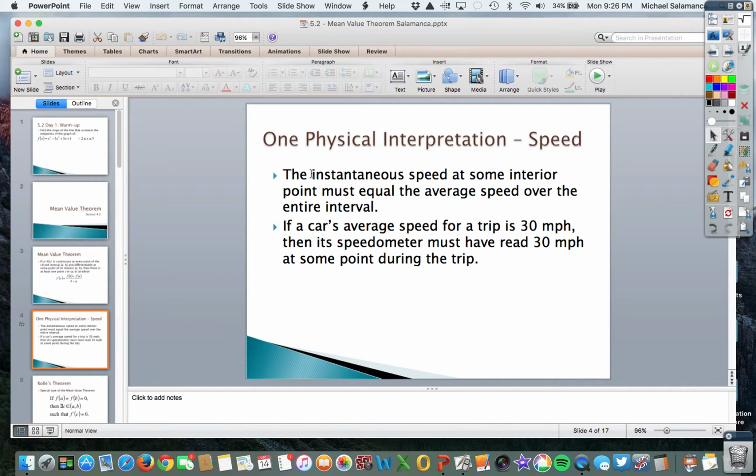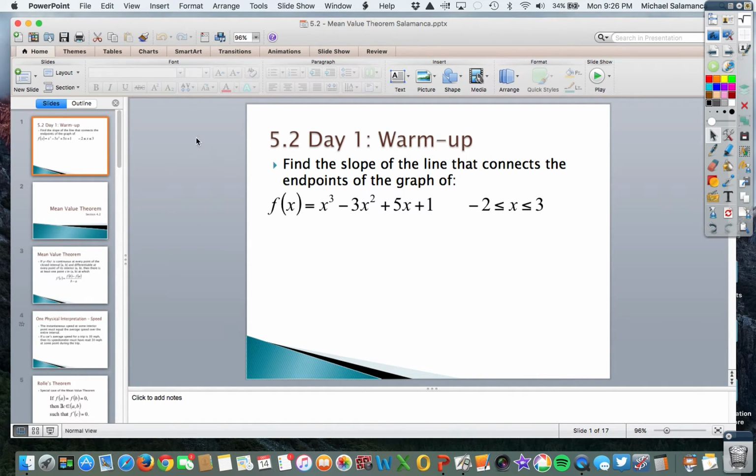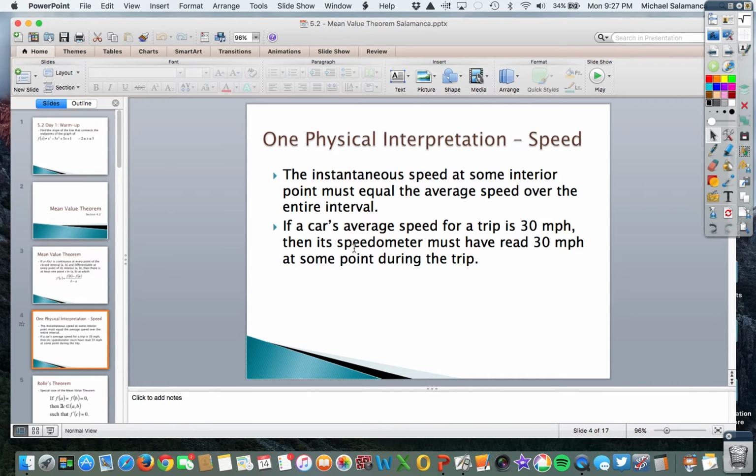So it says that instantaneous speed at some interior point must equal the average speed over the entire interval. That means if we take the average like we did in example 1, or the warm-up, we could find some point inside that boundary of negative 2 and 3 that's equal to that slope if we take the derivative. We'll have some more time to play with this in a little bit.